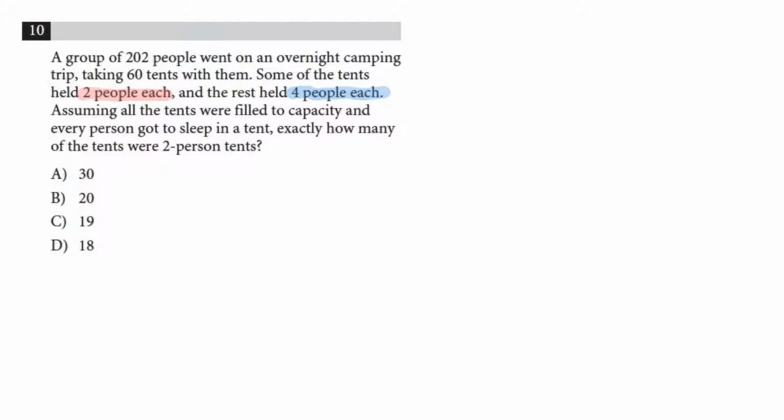Okay, so let's get some variables out here. I'm going to use T for the 2-person tents and F for the 4-person tents. We know that the total number of tents that they brought was 60.